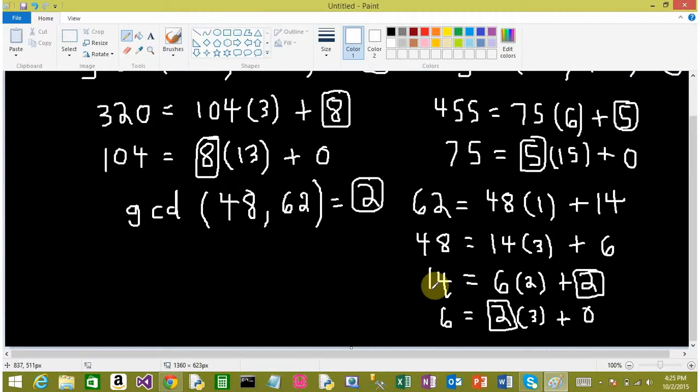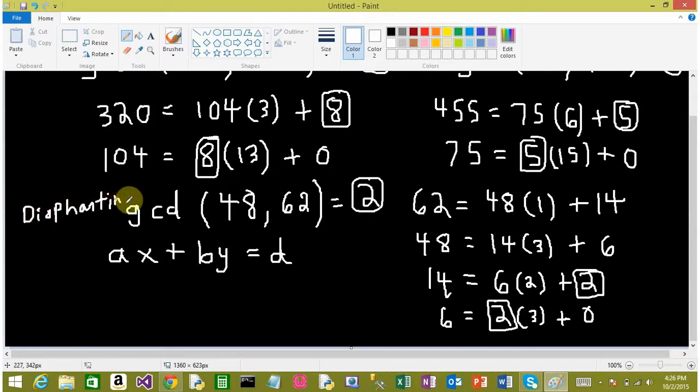Okay. So another question we want to ask ourselves is, when we have the two numbers that we want to find the GCD of, we usually want to help us solve that equation that we talked about at the end of the last video. It was AX plus BY equals D, where D is the GCD of those two numbers, the greatest common divisor. This was called the Diophantine equation.